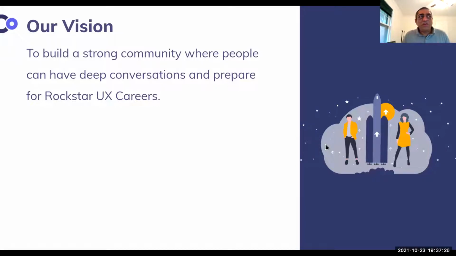It's not just getting a job and being happy with it. That's not the reason why we work hard. So our goal is not just any job, but the rockstar careers where you can write your ticket to anywhere in the world, any company in the world. That is the kind of career we're preparing for. And that is our common shared vision.